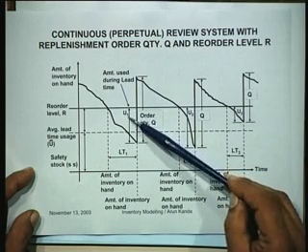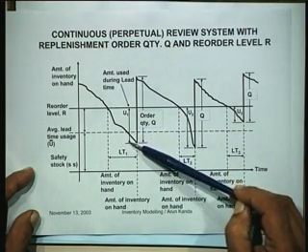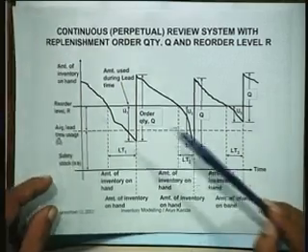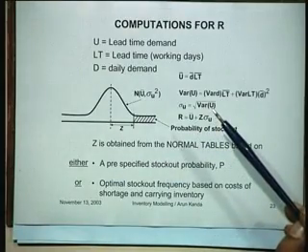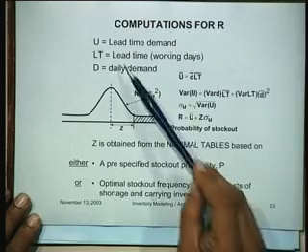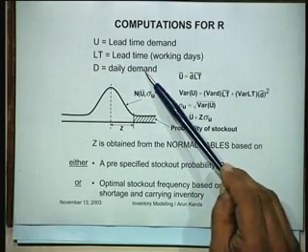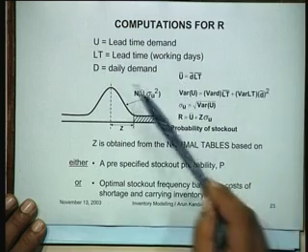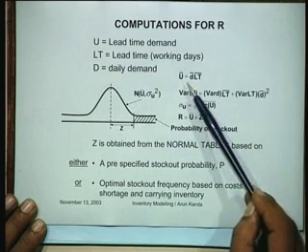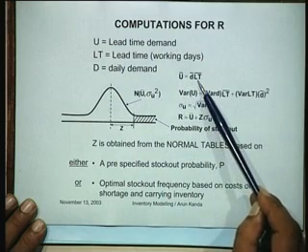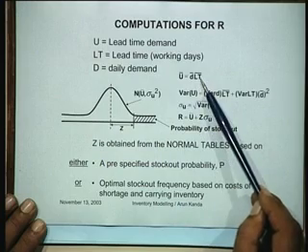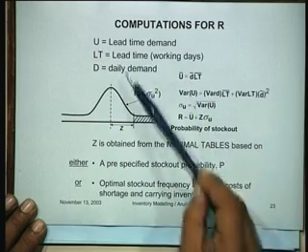So we are very much concerned about this lead time demand, and we are trying to estimate this. LT is the lead time, which is in working days, and D is the daily demand. So the total lead time demand will be the product of the daily demand multiplied with the lead time, so D into LT, average. We say average because these are all random numbers.